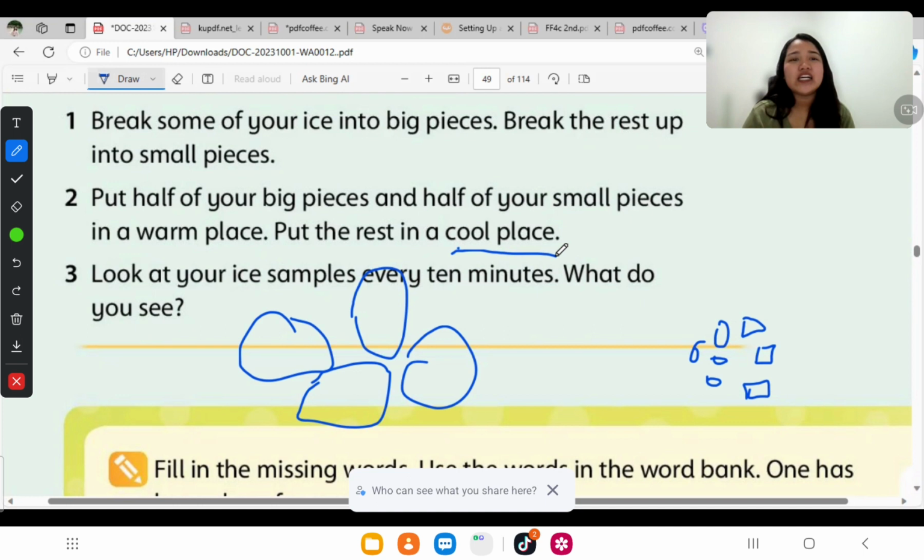Always remember, if you put it in a warm place, it will melt. If you put it in a cold place, it still stays hard, it's going to be an ice.